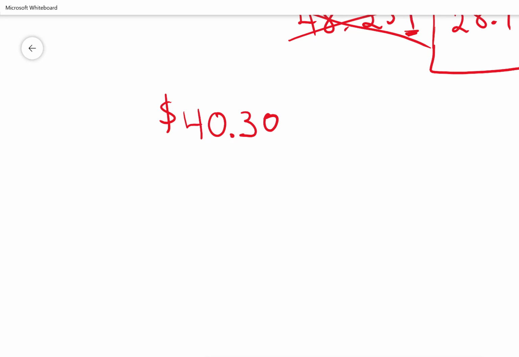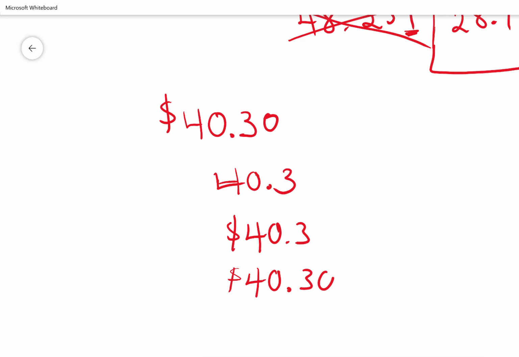And then when you do math on your calculator, you may end up with an answer at first that looks like this. This is not a correct answer. If your answer is in dollars and cents, you will always round it to the nearest cent, not to the nearest dime. So if you're told to round to the nearest cent, do this, don't do the one above it.